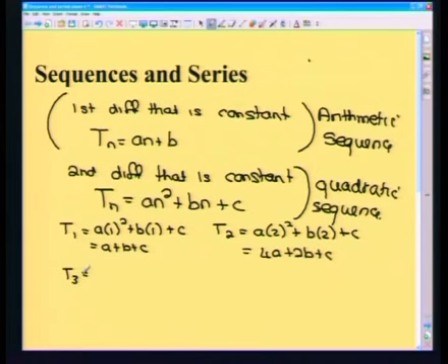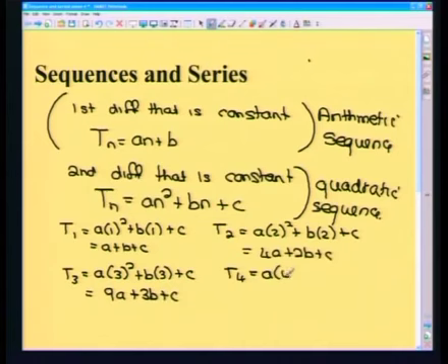Term 3 is A times 3 squared plus B times 3 plus C, which tidies up to 9A plus 3B plus C. And term 4 is A times 4 squared plus B times 4 plus C, which gives me 16A plus 4B plus C.